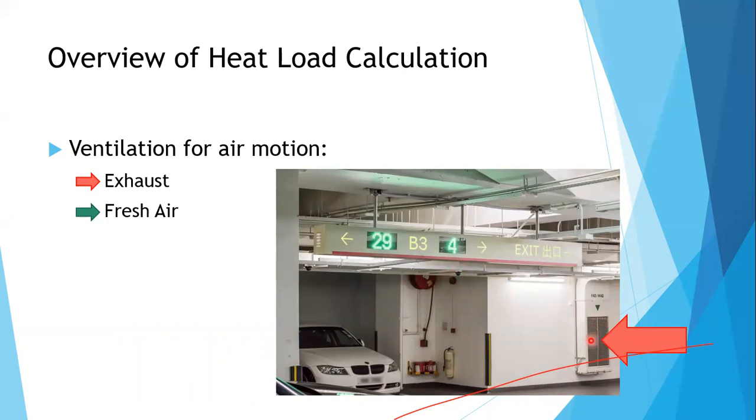In the car park, you can see the exhaust point is a little bit on the low side. Why is the exhaust point on the low side? Because the exhaust from the cars is also at low level, so that it won't go up and accumulate on top. It's exhausted out at a low level also. So this is one example of it.